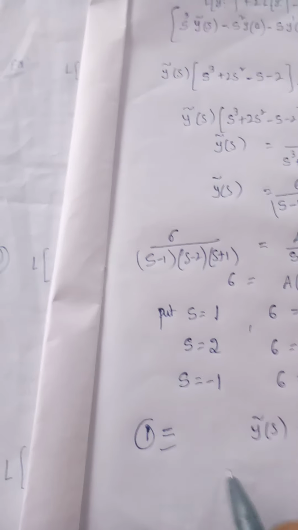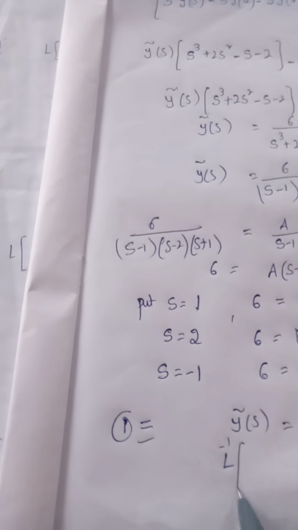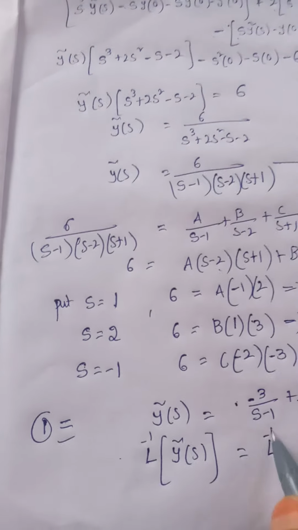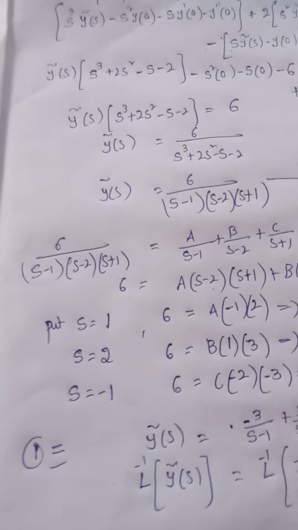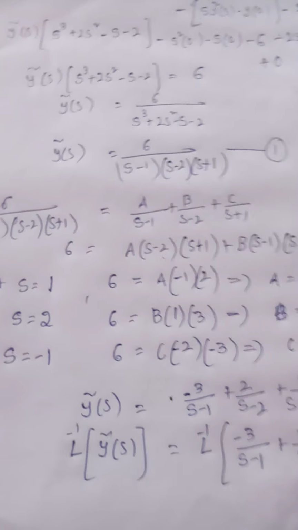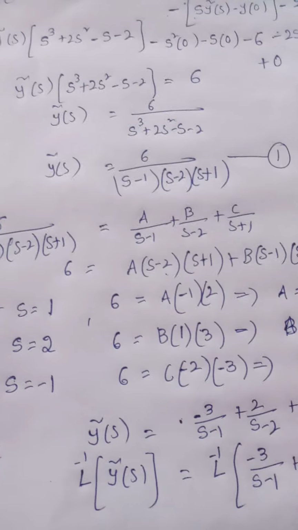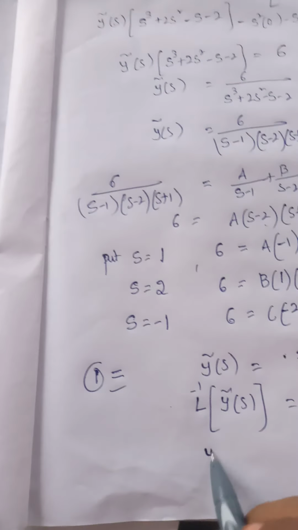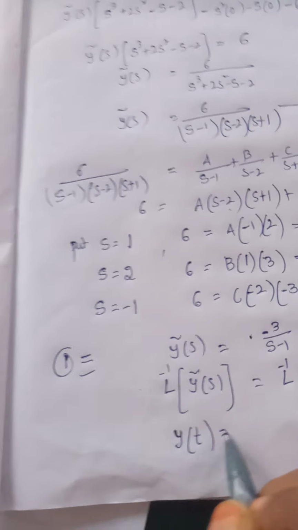Now you can apply inverse Laplace transform on both sides. L inverse of y bar s is L inverse of minus 3 by s minus 1 plus 2 by s minus 2 plus 1 by s plus 1. So L inverse of y bar s is y of t.